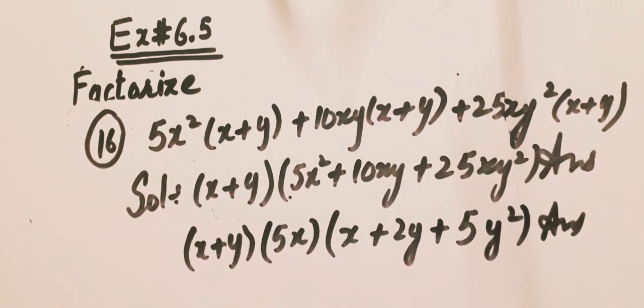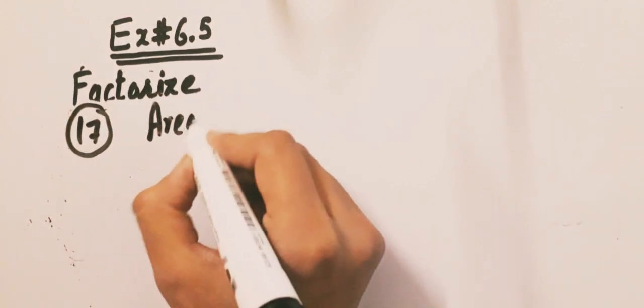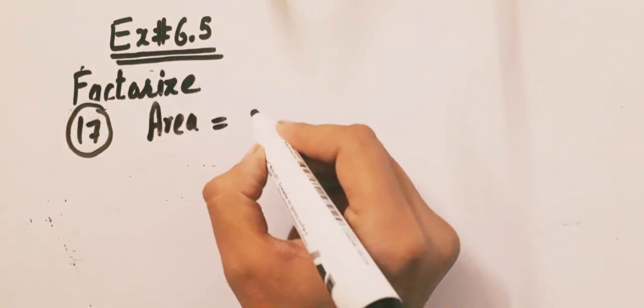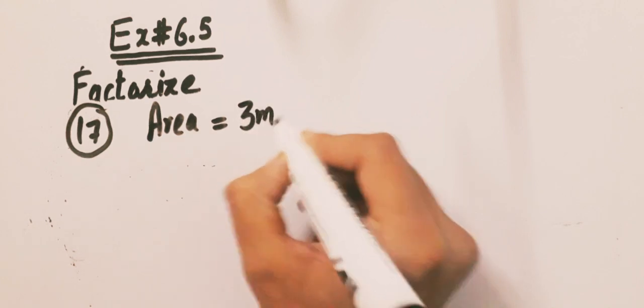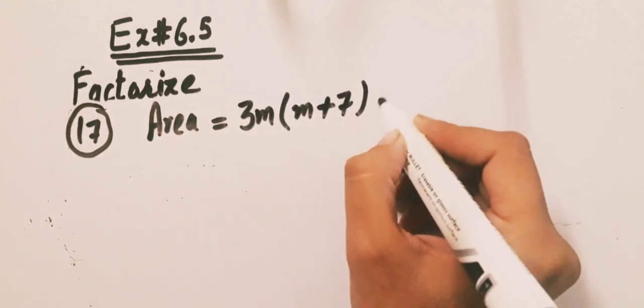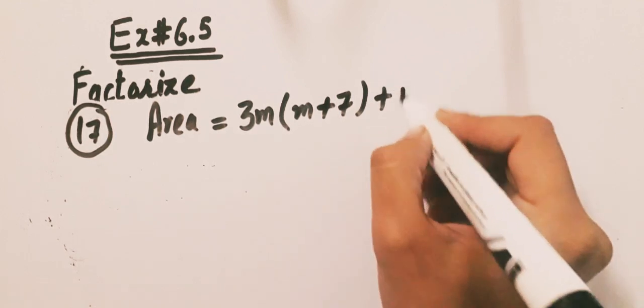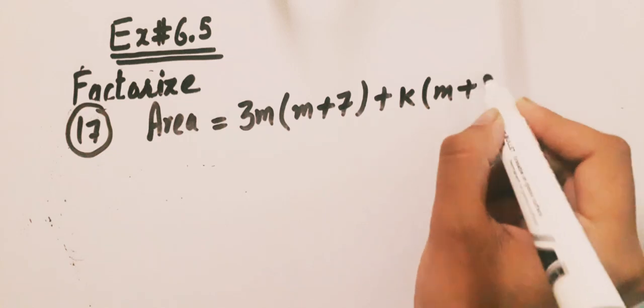Now we will solve part 17. In part 17, area is given, which is equal to 3m into m plus 7 plus k into m plus 7.